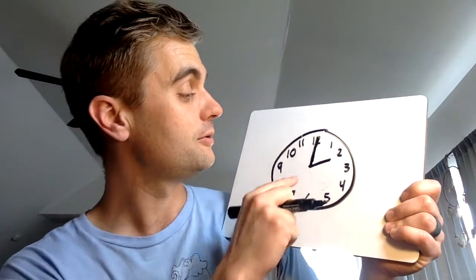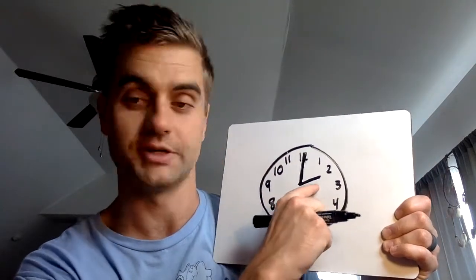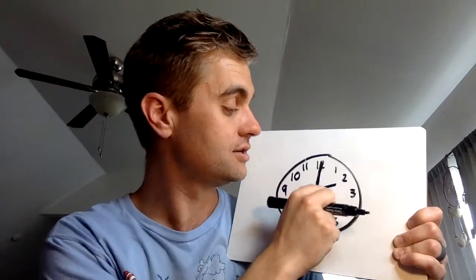All right, here's one last example. I want you to try to do this as much as you can on your own. We have our minute hand pointing up, so we know it's o'clock, but what's the hour? Where is the hour hand pointing? What number? The hour hand is pointing to the 2. So what time does this clock show? 2 o'clock. Say that with me. 2 o'clock.